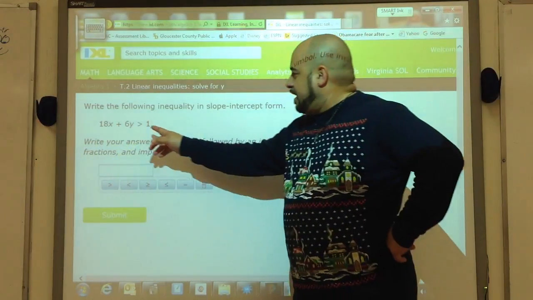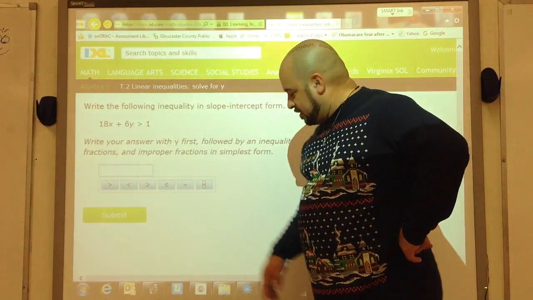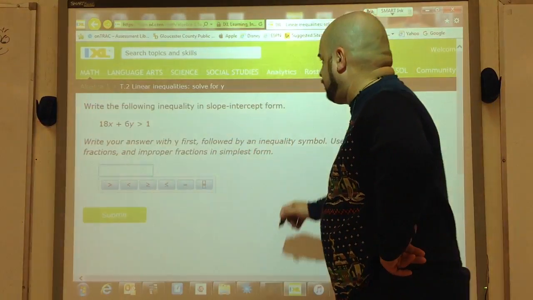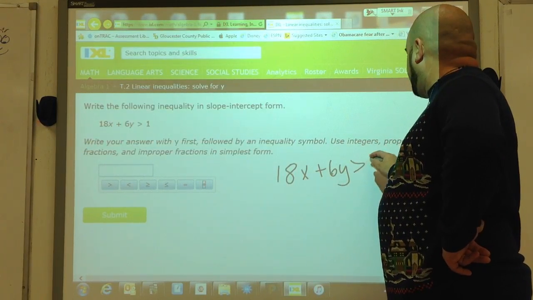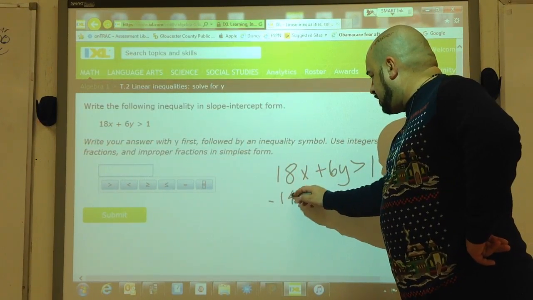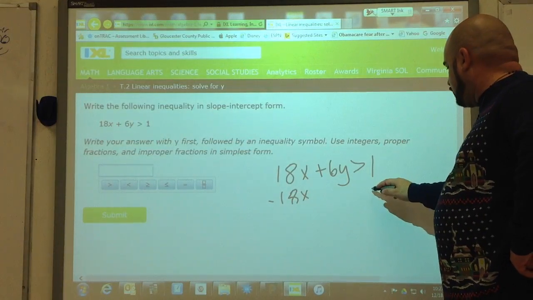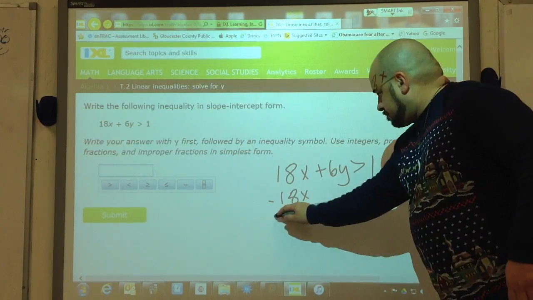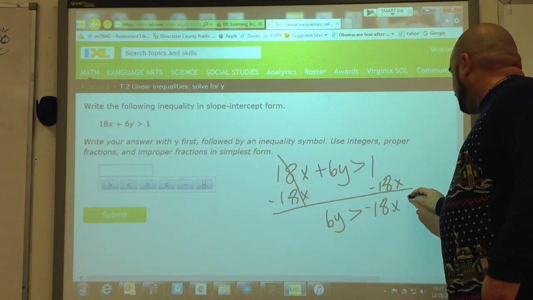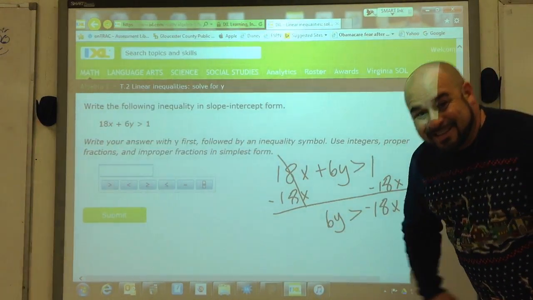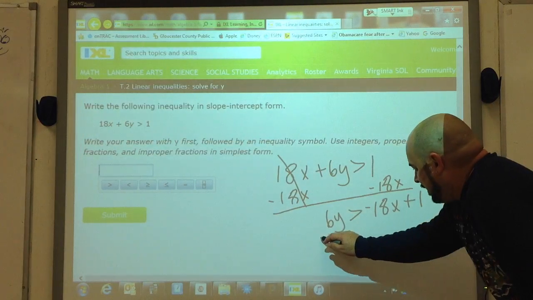Now notice in this case, we have a 6 in front of the y, so we might have to do a little bit more work. So I have 18x plus 6y is greater than 1. I'm going to subtract 18x from both sides. I have 6y is greater than negative 18x plus 1. In this case, we're going to have to divide by the 6.